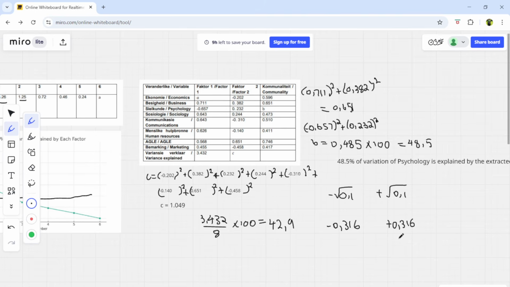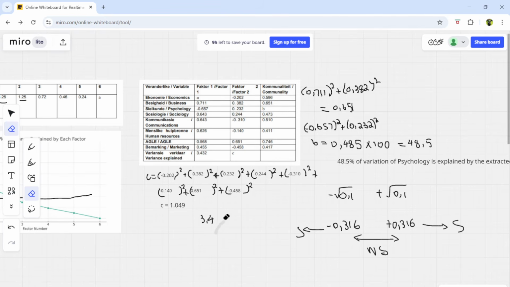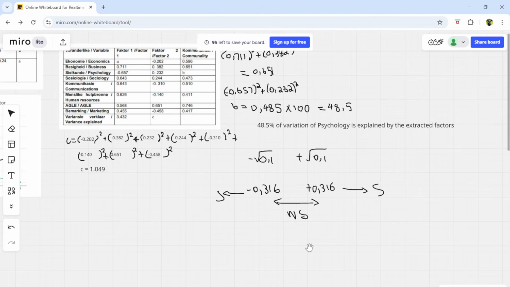So this is our guideline as to which factor loadings are significant. Factor loadings in between these two numbers are not significant, and the ones going that side and that side are significant. So from this you can just go and see which factor loadings are significant and which are not.